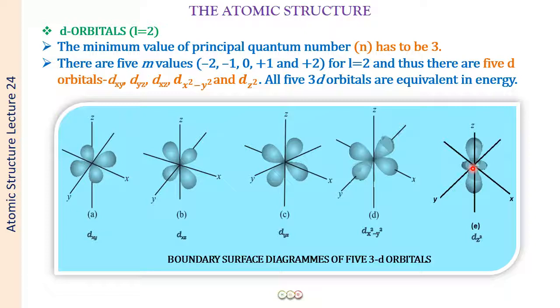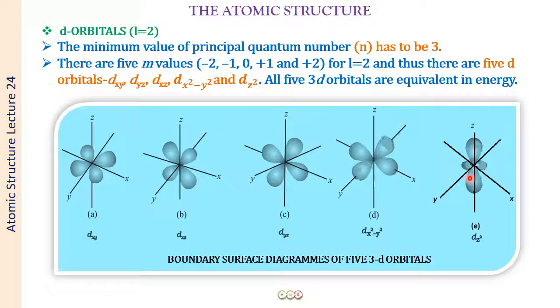This is called the dz square orbital, and it is also called a baby soother shaped orbital. A baby soother is the one which is put into the mouth of small children so that they stop crying. This is quite similar to that, and it is also sometimes called a donut shape.